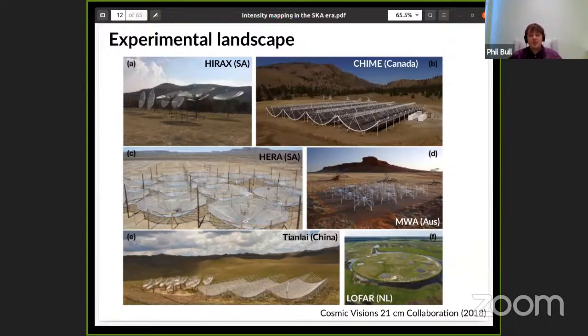So now I want to talk about, just briefly, a few of the many different experiments that are out there, just to give you a sense of what they look like. And I think there's a kind of rugged beauty to many of these things, because ultimately they're just hunks of metal that have been kind of plonked into the ground, normally in a desert somewhere. If you look at these very closely, they're normally made of very low technology materials.